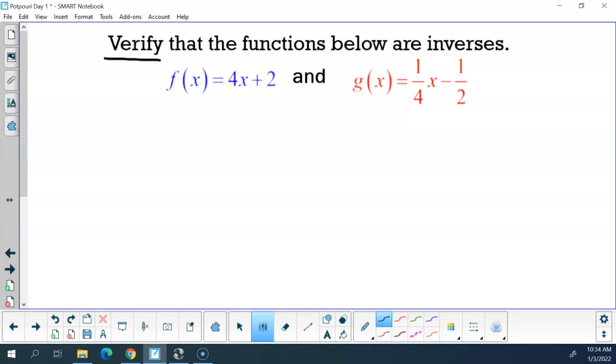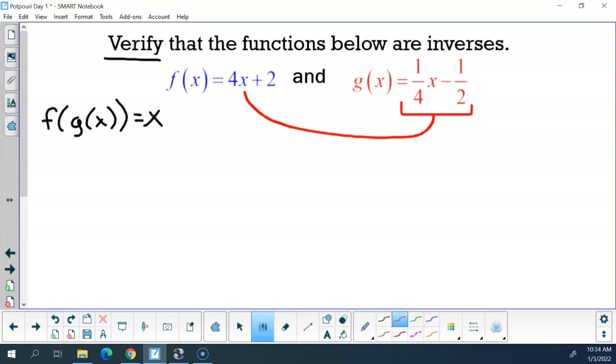The first thing we need to show is that f of g of x is x. So I'm going to take g of x and put it in for x in f of x.